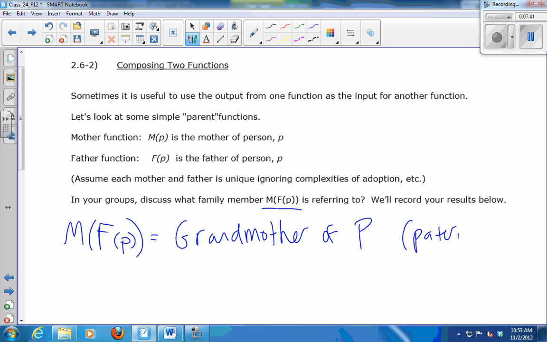So the paternal grandmother, we call that. So this is a case where we used the output of one function, F of p, the output of the father function, as the input into the M function.